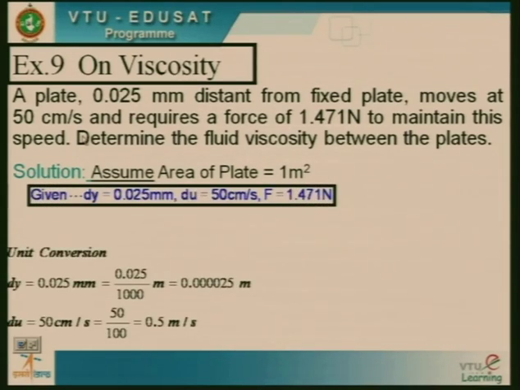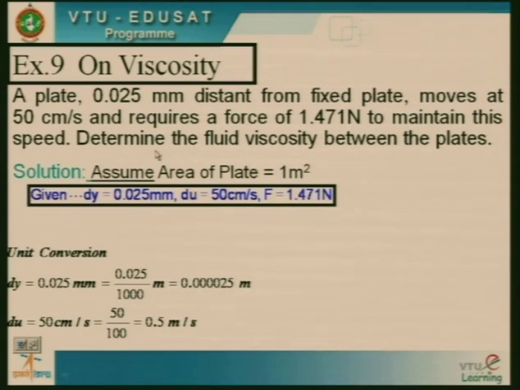Now, this problem on viscosity: a plate at 0.025 mm distance from a fixed plate moves at 50 centimeters per second and requires a force of 1.471 Newton to maintain this speed.